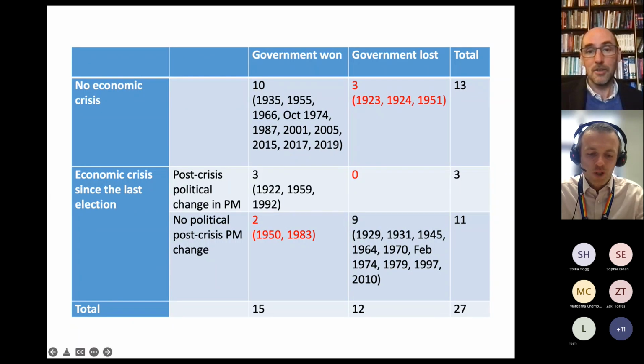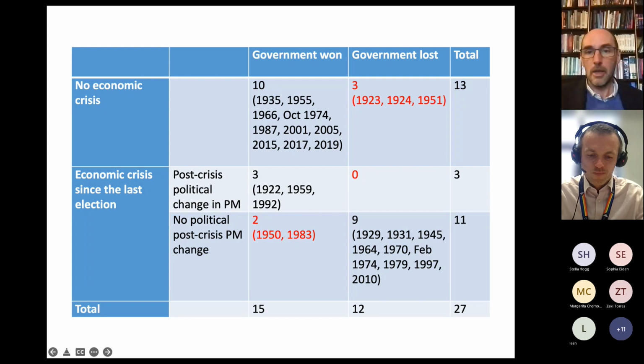So they saved the day. Notice that each of those 3 cases are cases of Conservative governments changing prime minister. Now, Lloyd George was a Liberal, but he always depended in that 1918 to 1922 period on a Conservative majority in Parliament. His Liberal contingent was very small.